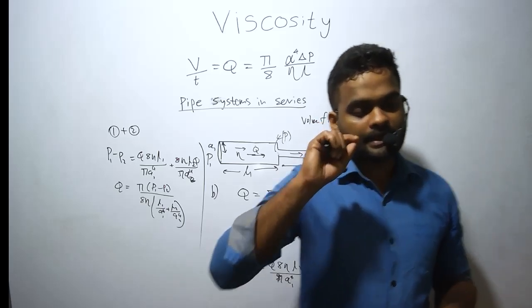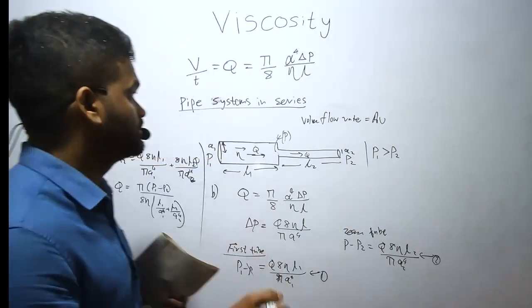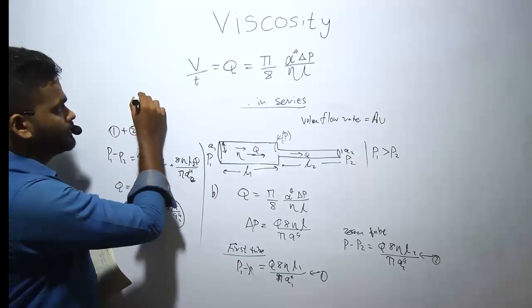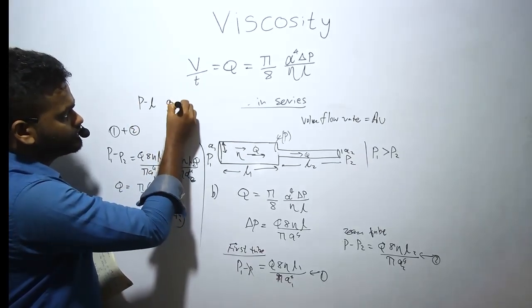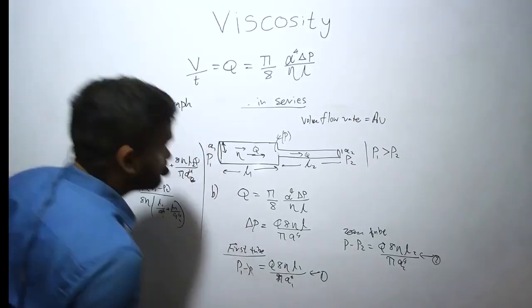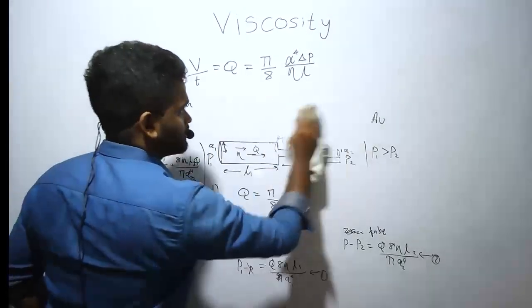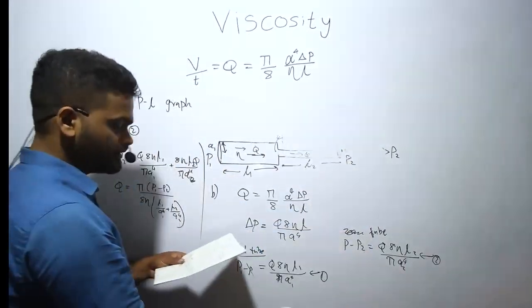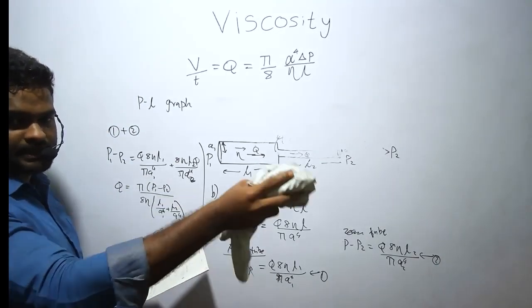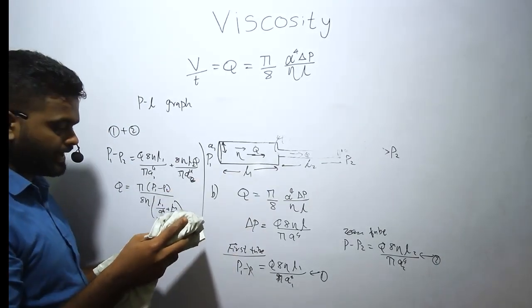Okay. Then write the subtopic: PL graph. P simple L graph. L means the length of the pipe, right? PL graph.